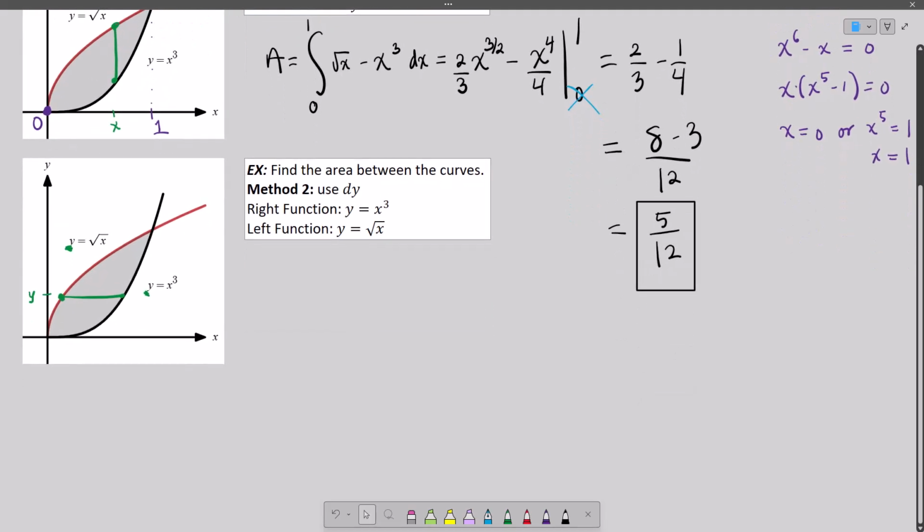If we want to do a horizontal, though, we need to change our perspective. We need to flip the coin and look at them as functions of y, in other words, as x values. So we need to come up here and change this to x equals y squared for the top function.